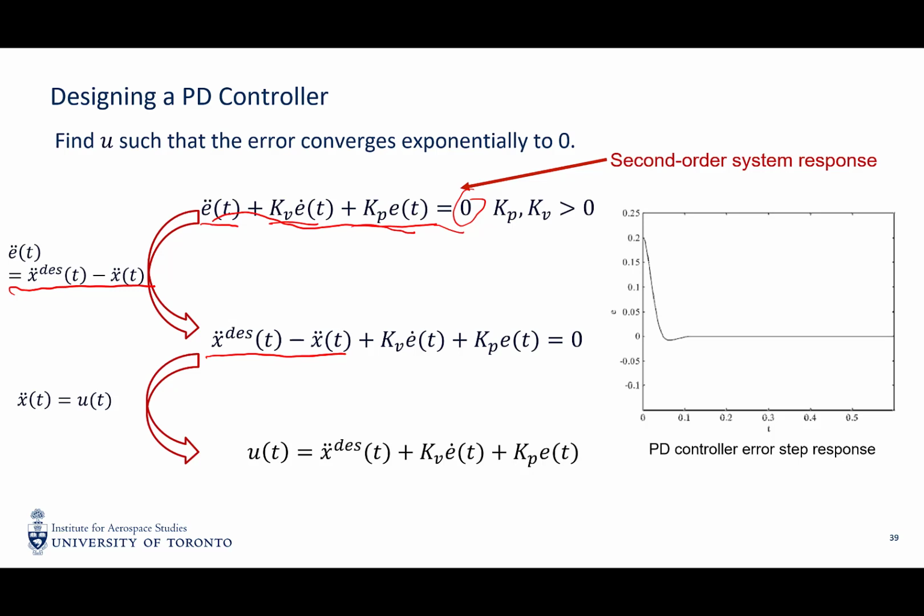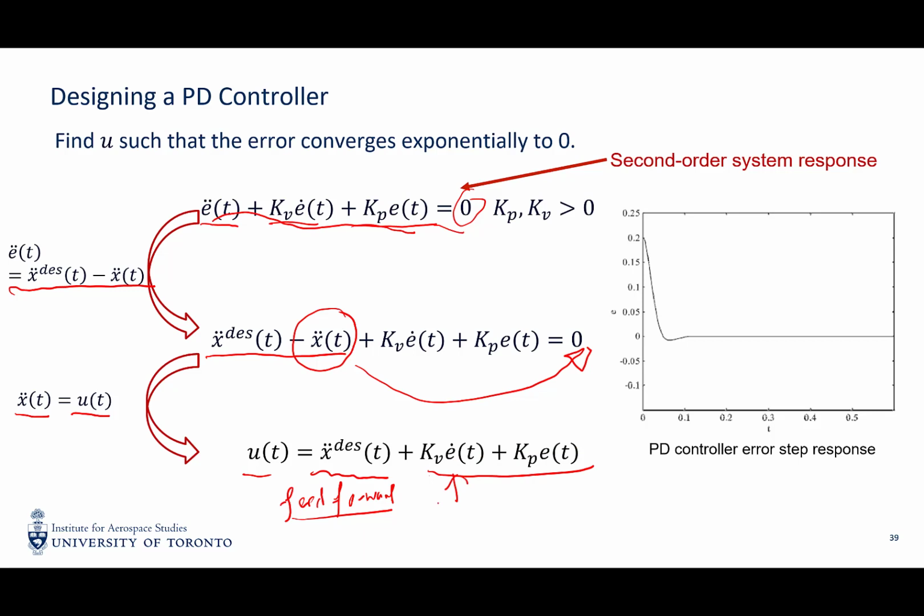Then, because x double dot t is also the control input, we can move it to the right-hand side of the equation to get the control input as a feed-forward term plus a D term and a P term, the derivative term and the proportional term.